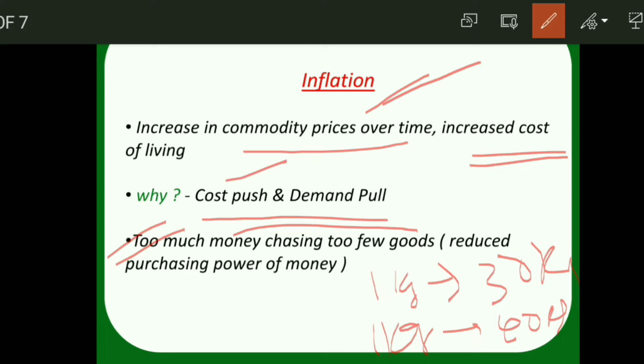Cost push inflation means the raw materials used for making consumables and products are increasing. So when the raw material cost increases, the overall price of the commodity also increases. This is one method. And demand pull, this we generally see in the case of gold and diamonds, too much demand but the quantity is limited, so the price level increases in the market.